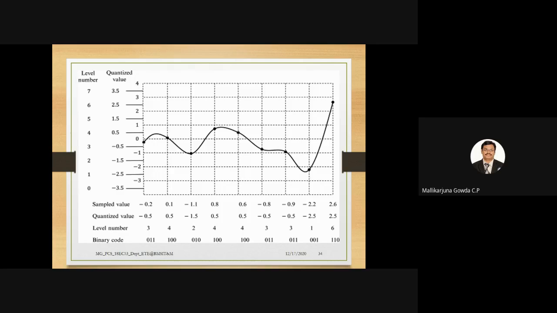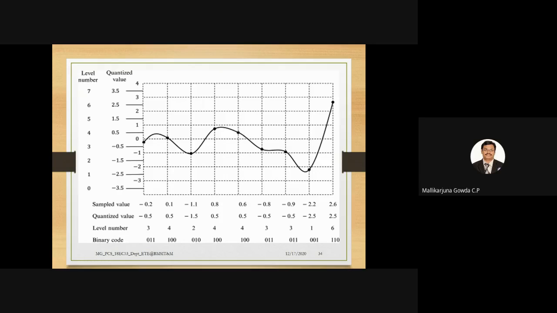I have a maximum of plus 4 volts and a minimum of minus 4 volts. The quantized value between minus 0.5 and 0.5, I'm taking as the levels, starting from minus 3.5 up to 3.5. These are my quantized values. As I said, between mk and mk plus 1, the middle value I take as vk, that is the quantized value.